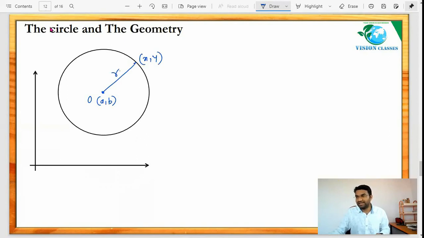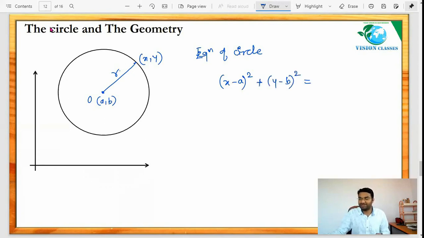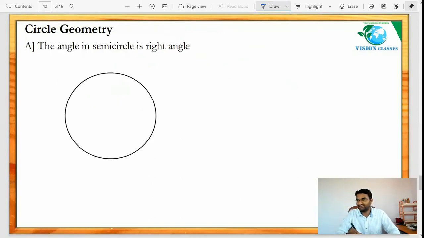So the equation of this circle is x minus a bracket square plus y minus b bracket square is equal to r square. Okay, x minus a bracket square plus y minus b bracket square is equal to r square is the equation of a circle.